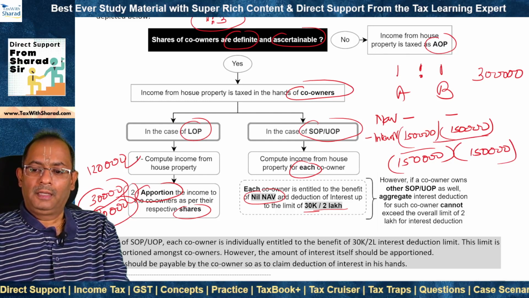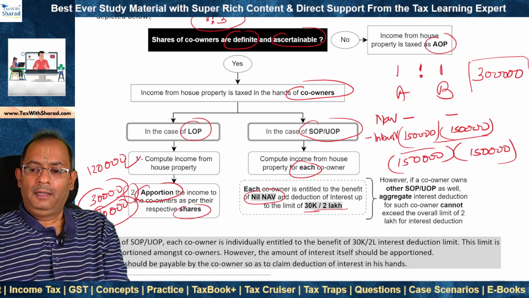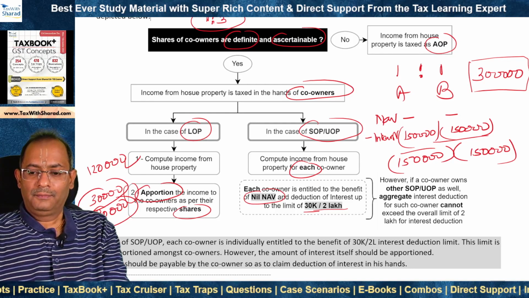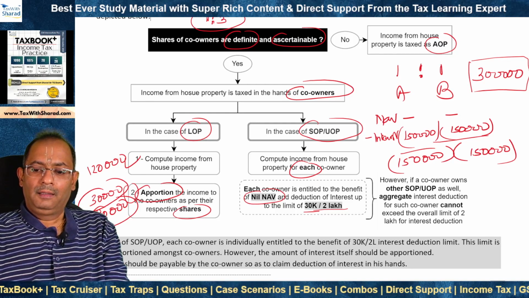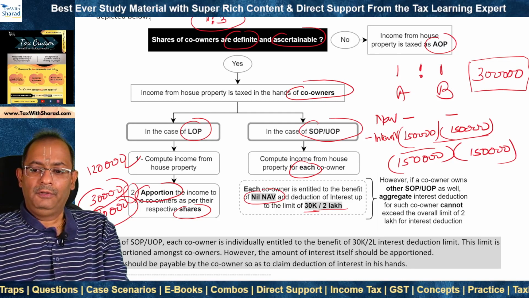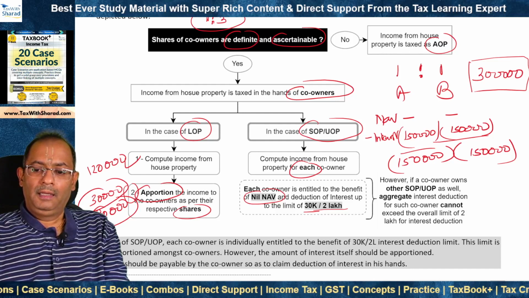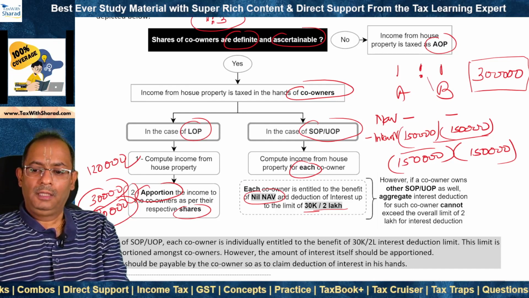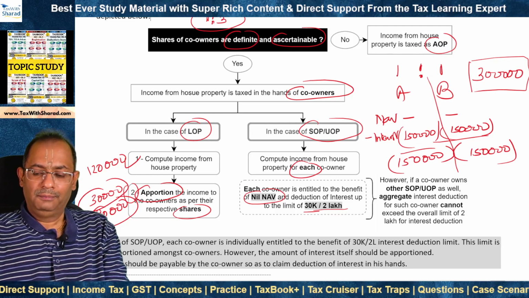If that was not the case, then the interest of 3 lakh would have been allowed only to the extent of 2 lakh, right? But here the benefit of the enhanced limit is given individually to each of them, and the NAV is taken nil for each of them, and the income from house property is computed separately for each of them.